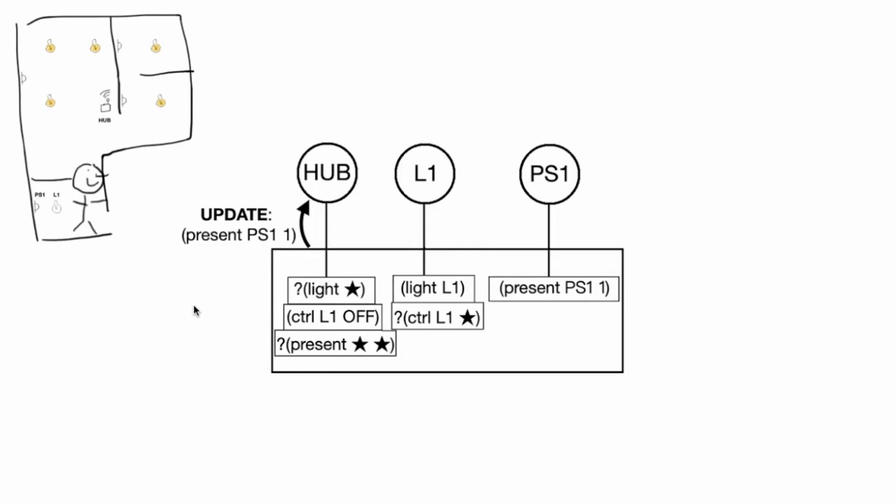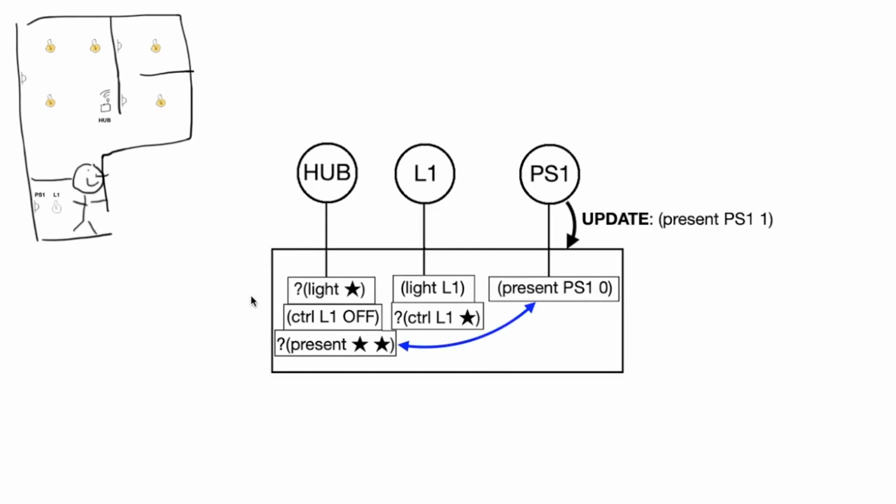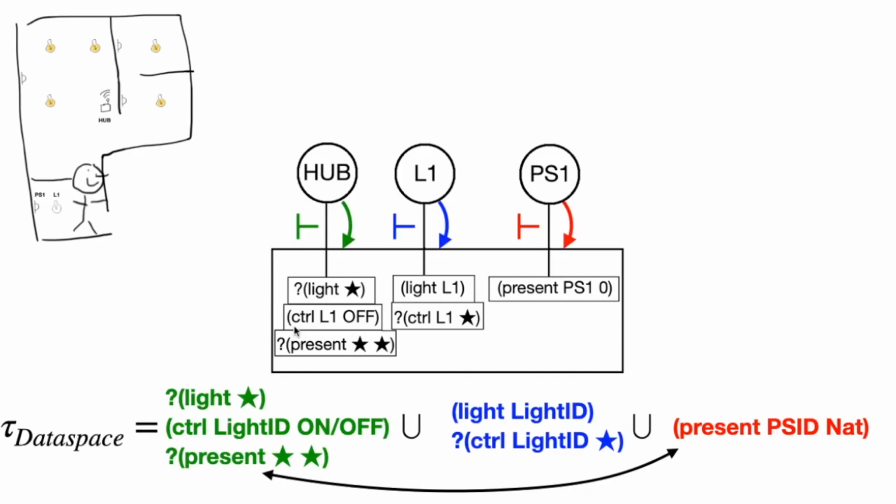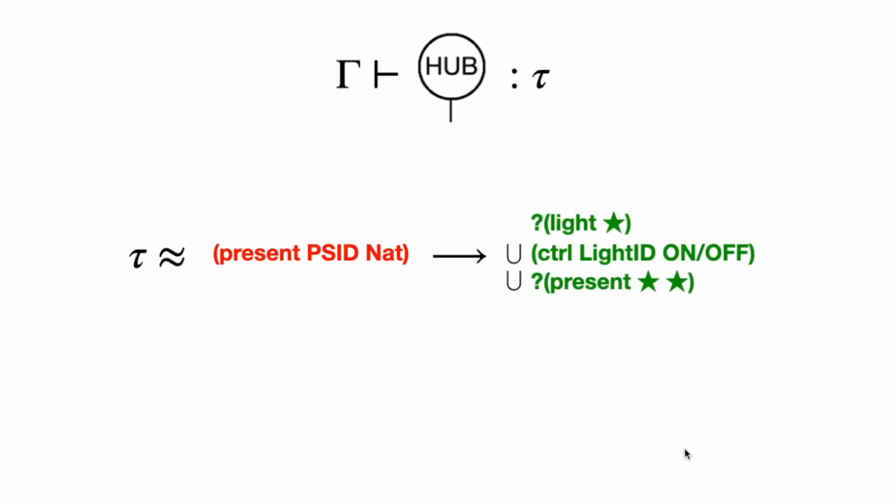Here we are back at the moment when the hub actor processes a presence update event. Earlier, we saw the generation of this presence update event was due to a change in PS1's reading and a matching interest from the hub actor. At the type level, we recognize a similar match between the hub's type of interest and presence readings and the type of sensor data assertions. We can then conclude that such assertions are potential events for the hub actor.